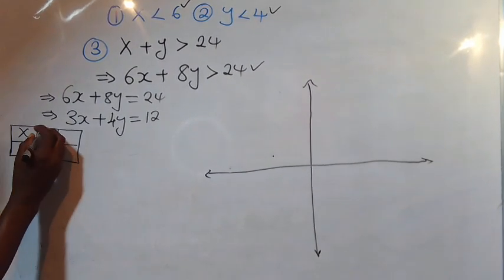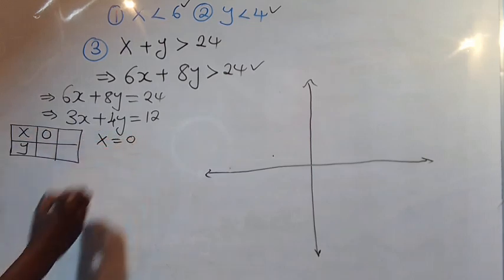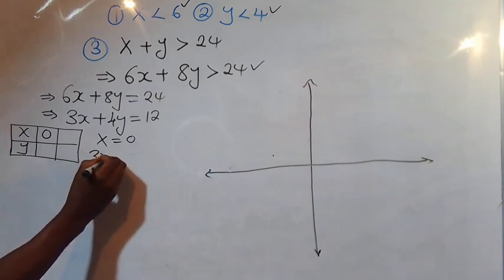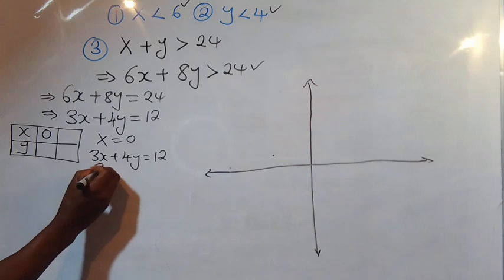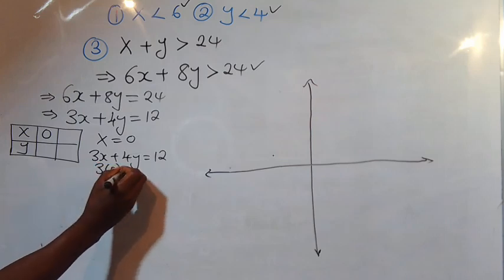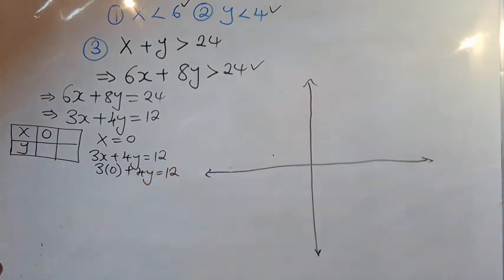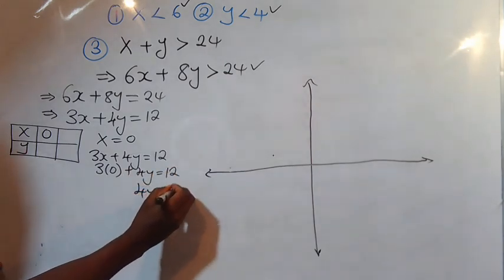So from there, you can just say when x is 0, so you do it by inspection. When x is 0, you now substitute into 3x plus 4y equals 12. So this is 3(0) plus 4y equals 12, meaning this is just going to be 4y equals 12.